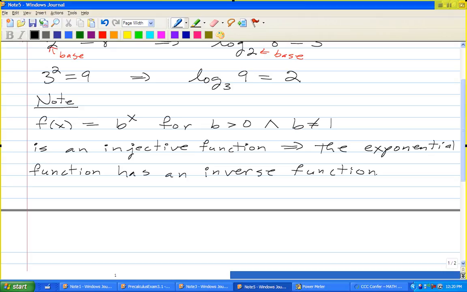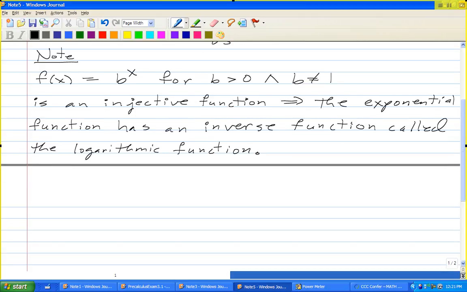And we call this inverse function the logarithmic function. So the inverse of the exponential function is the logarithmic function.